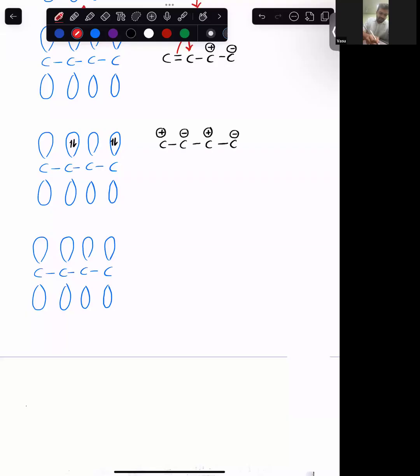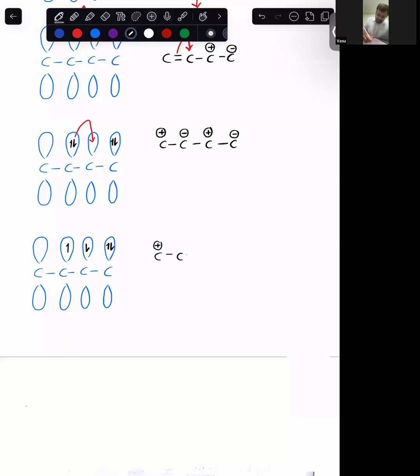Next, what can I do? Everyone, you can take the electron and shift it into this orbital. Once you do that, what will you have? You have an electron here, an electron here, and 2 electrons here. Once you have 2 electrons side by side, you can form a pi bond between these two, right? So I will show that as C double bond, sorry, C, you have a positive charge here.